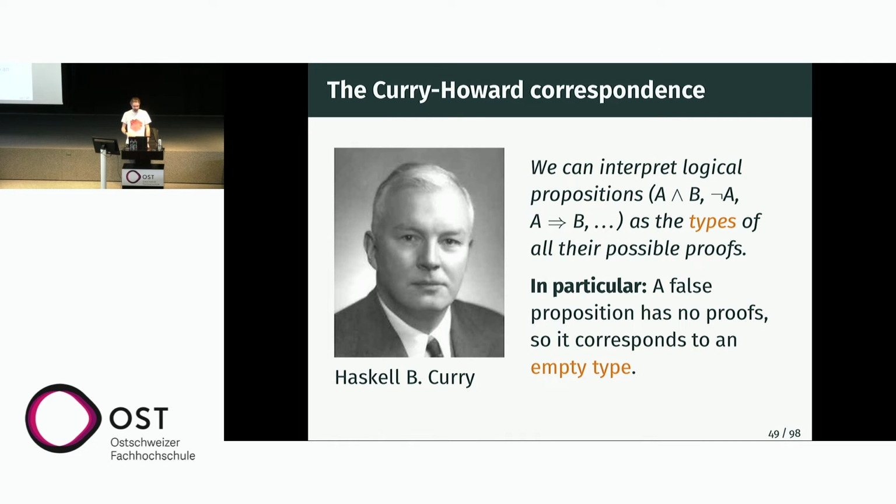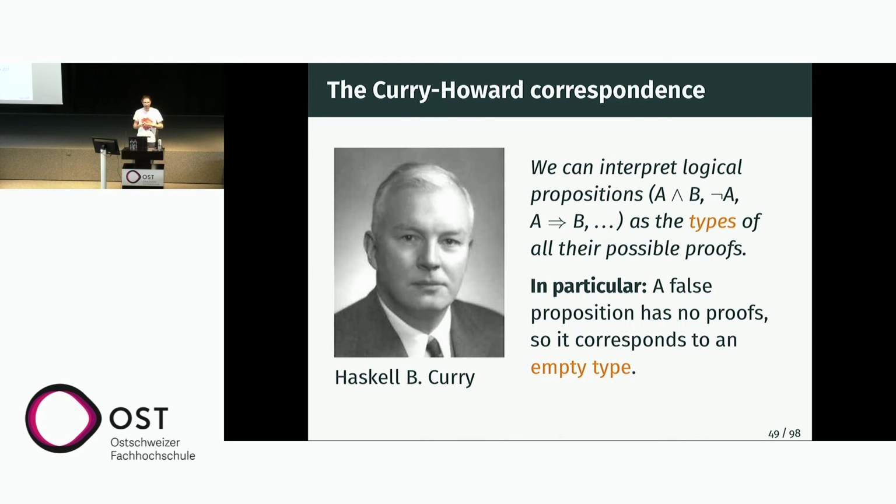And then we can extend this. We can think, for each of these connectives from logic, what does it mean to construct a proof of this connective? For example, for A and B, we have to provide a proof of A and a proof of B. That means we need a pair of two proofs, so this is a pair type. Function type is another example.